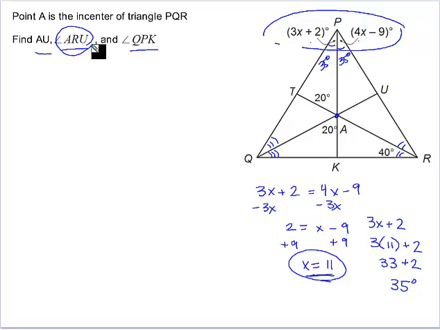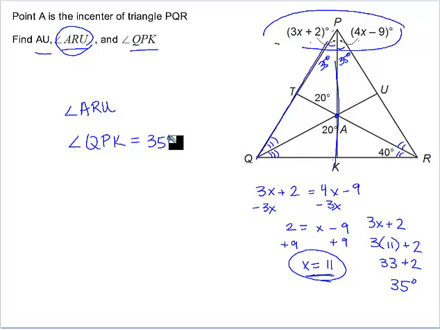Here we're asked for angle ARU and angle QPK. Well, based off of what we just found, angle QPK is 35 degrees.